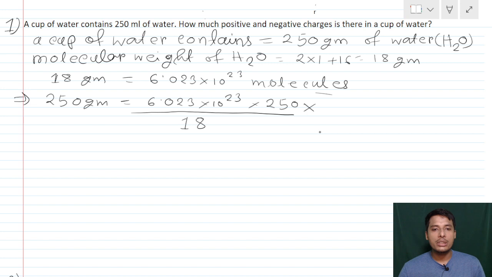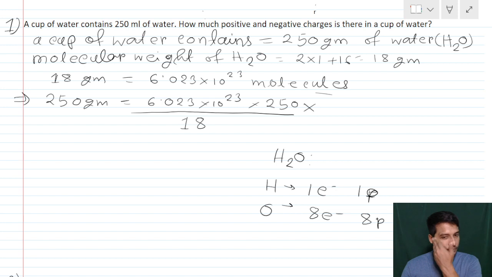So now the question is, what is the charge? We know that for H, there is 1 electron and similarly 1 proton. And for oxygen, 8 electrons and 8 protons, right?